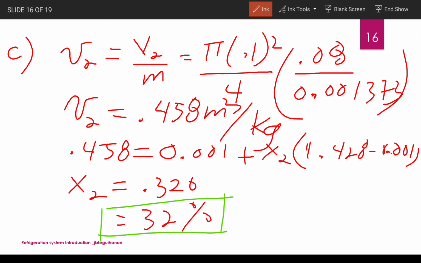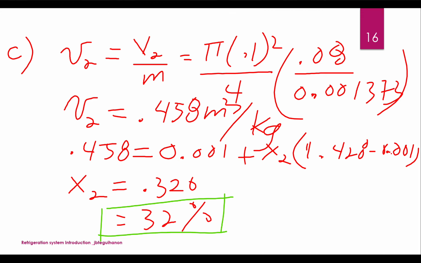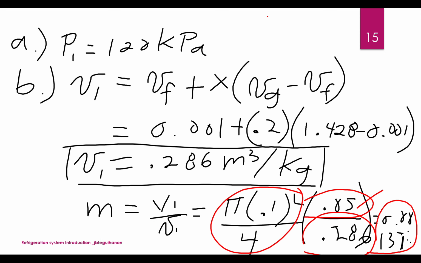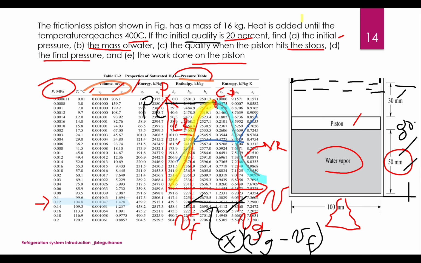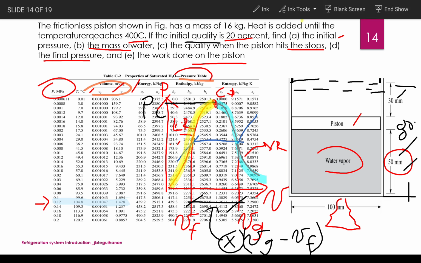When the cylinder stops, you are going to have quality. When it stops here, this figure here, this is where the cylinder stops. Your x there is 32%, right?